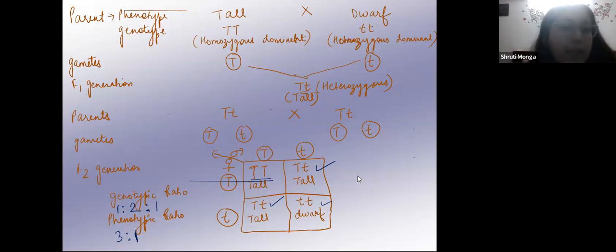If it was capital T small t, then the plant would have been tall. It cannot be short because a dominant allele is present with it. And when a dominant allele is present, obviously the dominant one will show its action. But when both alleles are small t, then only that character will be shown, and that is dwarf height.